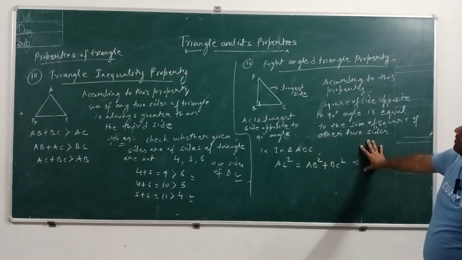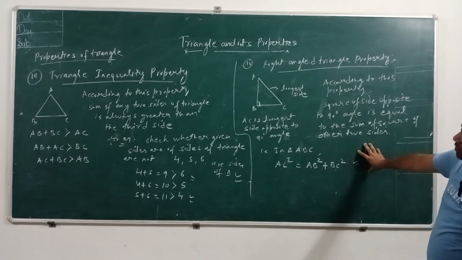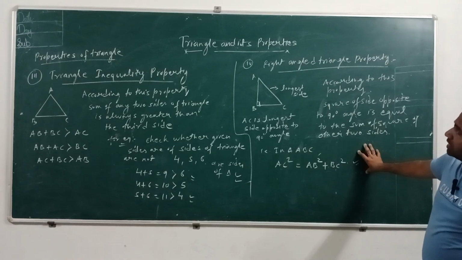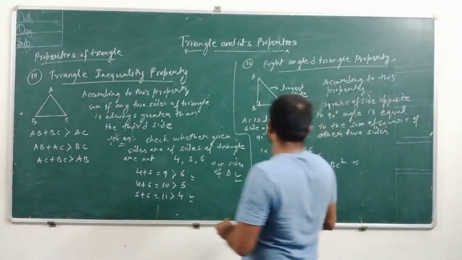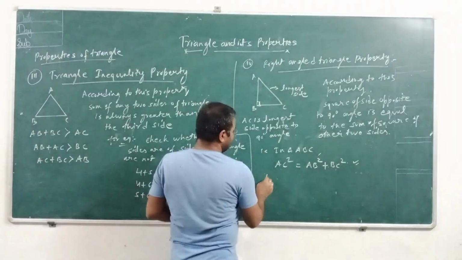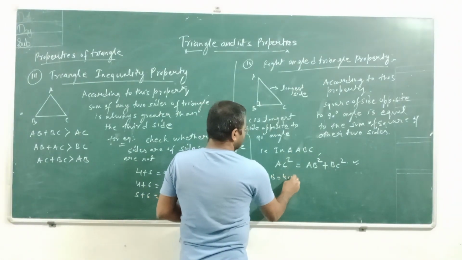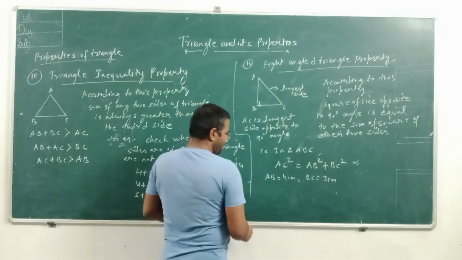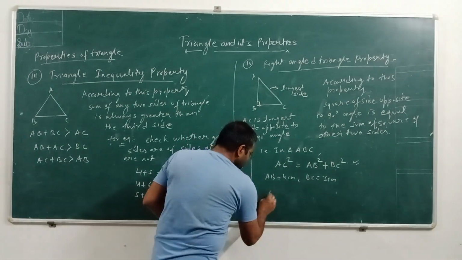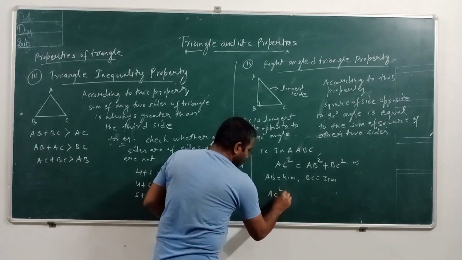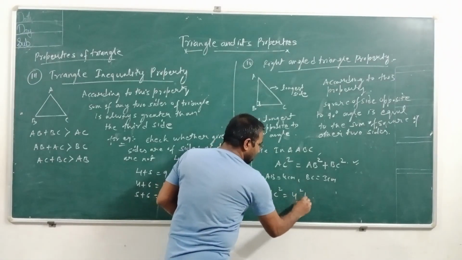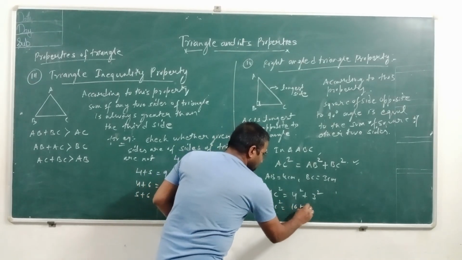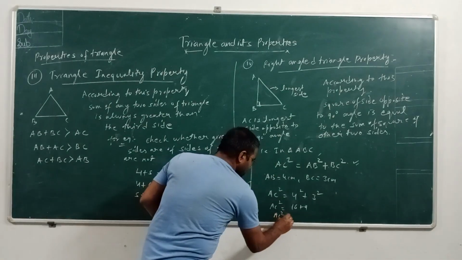Now what is the benefit of this property? If you know any two sides of a right angle triangle, then you can find the third side. Suppose AB is equal to 4 centimeter and BC is equal to 3 centimeter, then you can find AC. How? AC square is equal to 4 square plus 3 square, so AC square is 16 plus 9, which is 25.